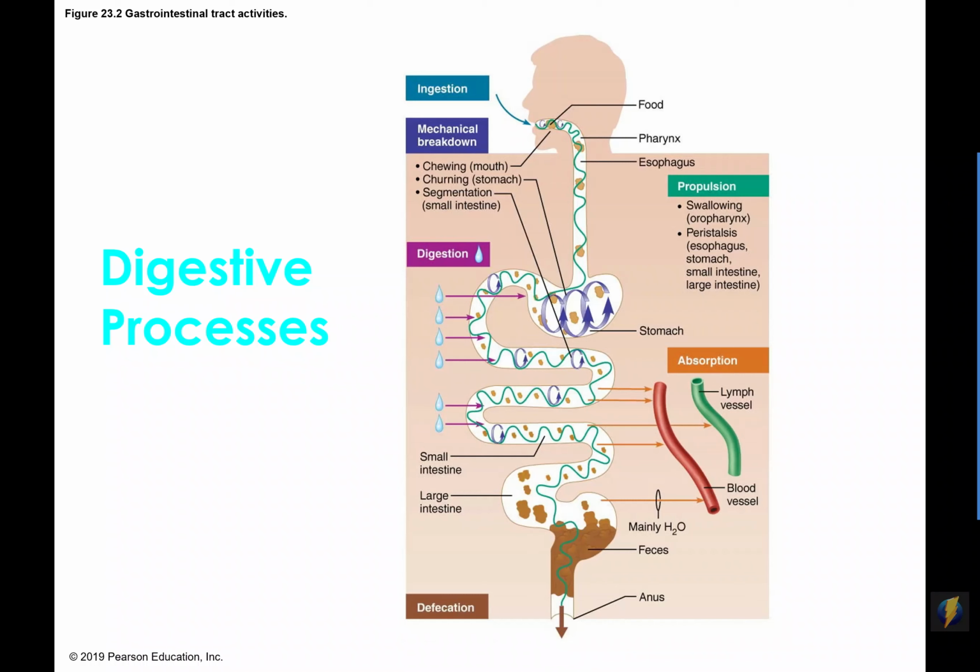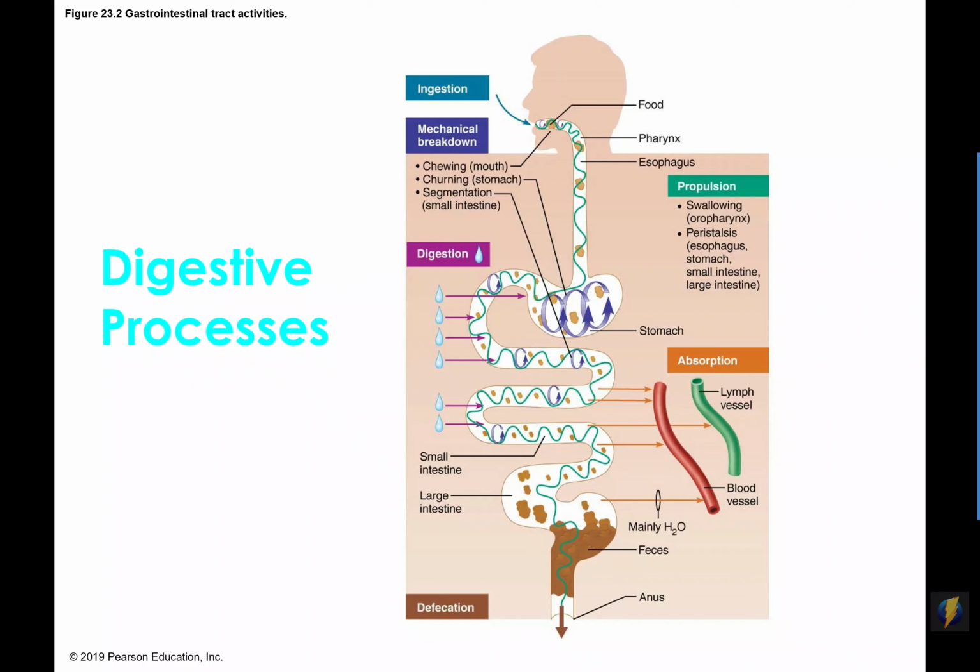Once we've got our food broken down physically and chemically, then what we have occurring is absorption. So most of the absorption of our digestive system takes place in the small intestine. Carbohydrates, nucleic acids, and proteins tend to get absorbed into the blood, but fats get absorbed into the lymph fluid.